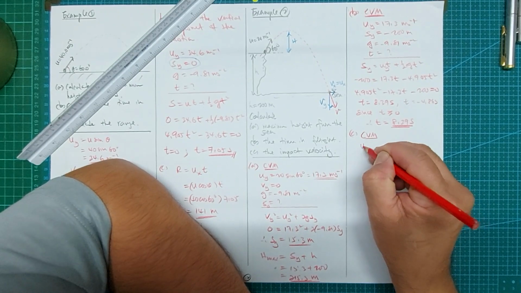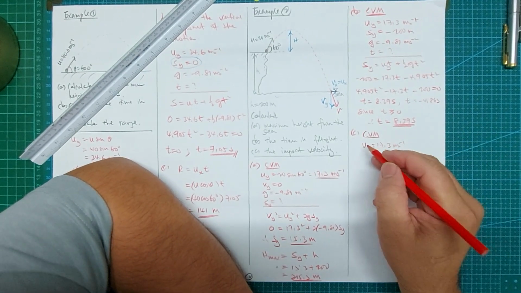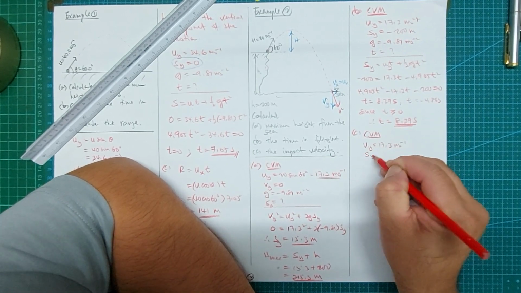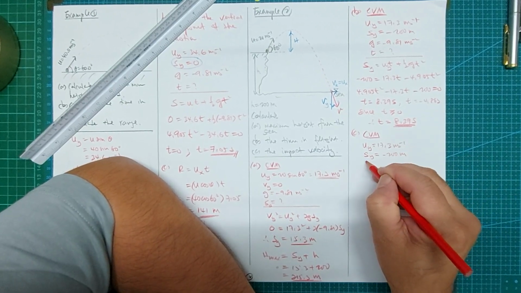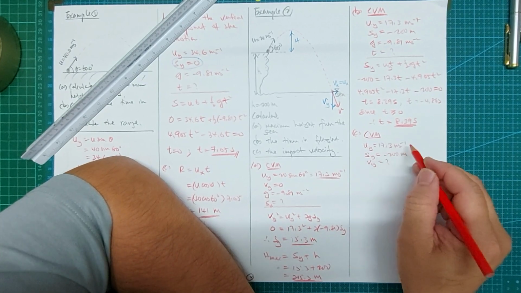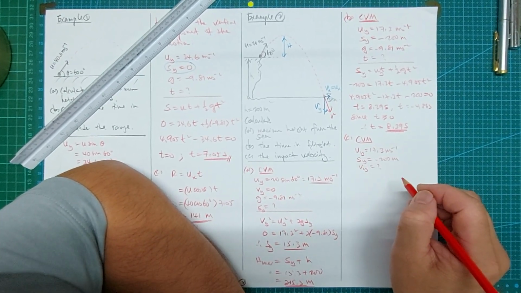Starting with Uy is equal to 17.3 meter per second, and then displacement is again negative 200 meter, and then the Vy is what we want to know, and we already have the time here.